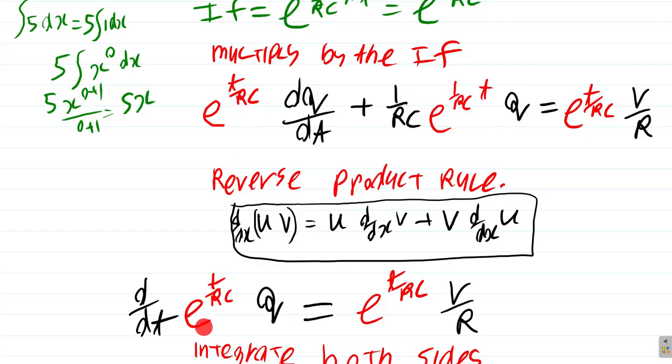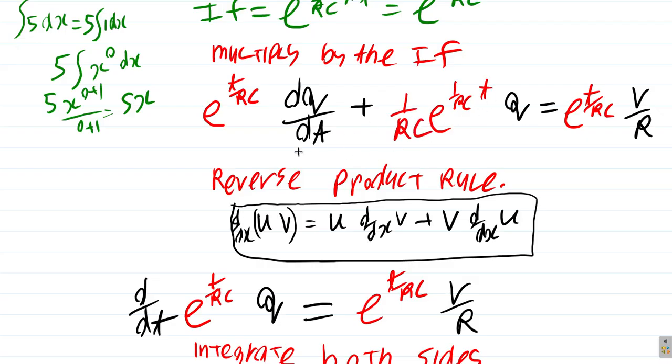You hold e to the t over rc, differentiate q with respect to t to get dq by dt, plus you hold q as it is times differentiate e to the t over rc to get this. Alright? So you see that? So 1 over rc here.